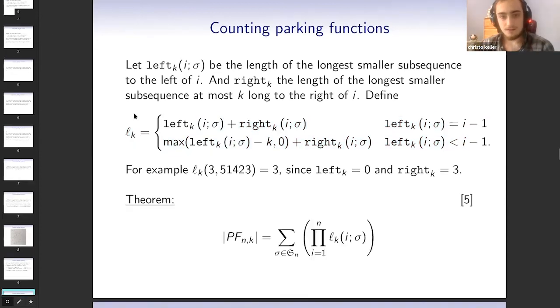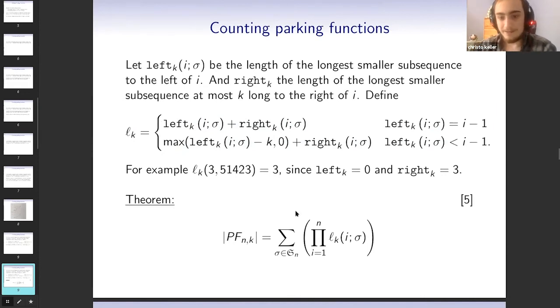Okay. So then we can introduce even more symbols to look fancy and say that the number of parking functions is the sum over all of the possible parking preferences, basically all the ways the cars could have parked, of the products of these LK symbols.